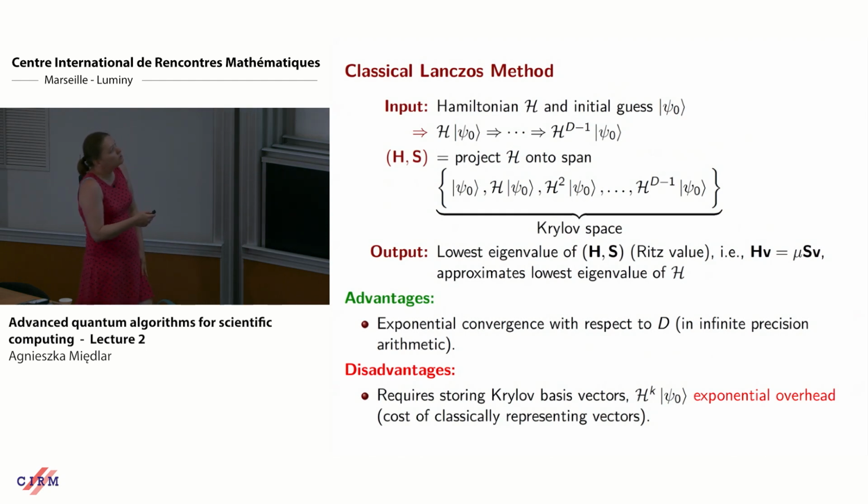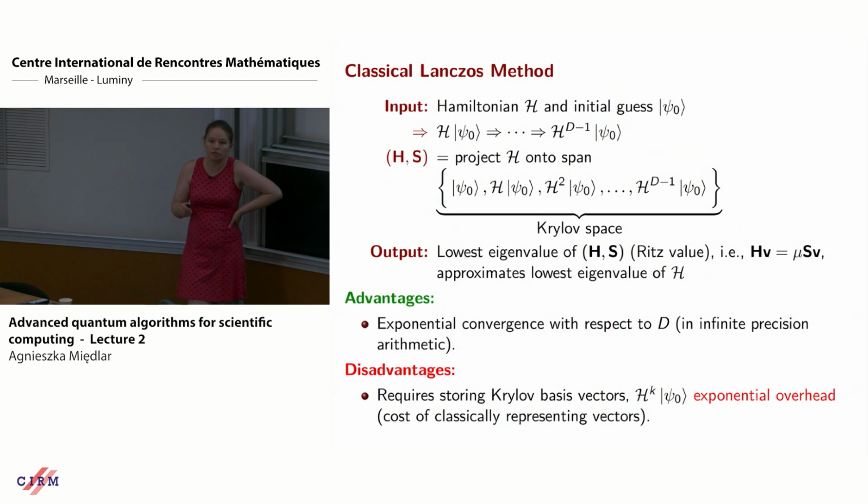And what we want is the lowest eigenvalue, also called the Ritz value, associated with this generalized eigenvalue problem, which will hopefully approximate the lowest energy of our Hamiltonian. This is doable because of the extensive error analysis for what we call the Rayleigh-Ritz procedure.